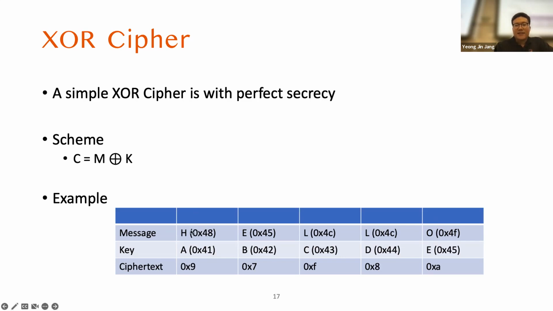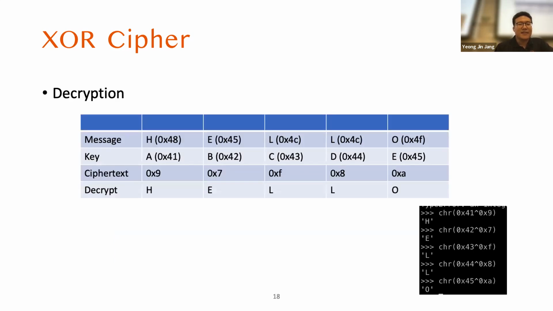So after applying the XOR operation, we will get the ciphertext as 97F8A. That's the ciphertext. And how we can decrypt the XOR cipher is that if we apply the XOR with the same number again, then it reverts the effect of applying the XOR.